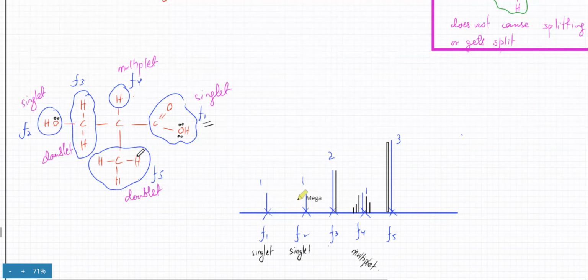So what is the TMS? TMS is known as tetramethylsilane. Okay? It's tetramethylsilane. It's the solvent that is used in NMR spectroscopy. Like this molecule over here, where is the diagram for NMR spectrum?